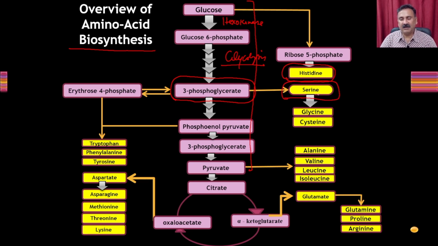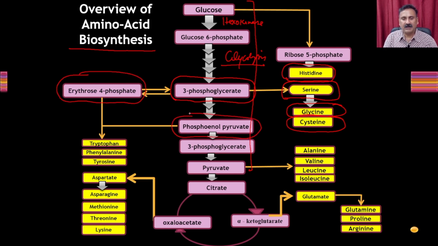And once you have serine, serine can also give rise to glycine as well as cysteine. 3-phosphoglycerate can be converted into phosphoenol pyruvate, and if you combine erythrose 4-phosphate and phosphoenol pyruvate, that can serve as a precursor for some of the aromatic amino acids such as tryptophan, phenylalanine and tyrosine.